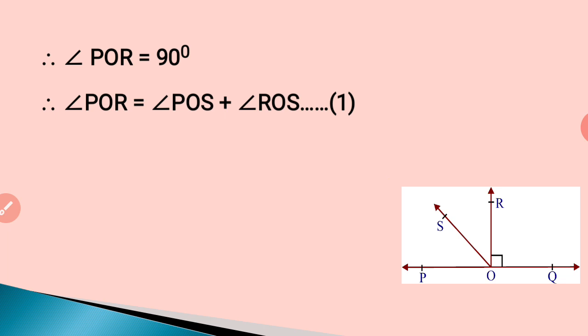This part is quite simple and we can easily understand that angle POR is 90 degrees. Now let us focus on the part which we are supposed to solve. Now if I talk about angle POR, I have two angles inside it. So POR can be written as the sum of POS and ROS.